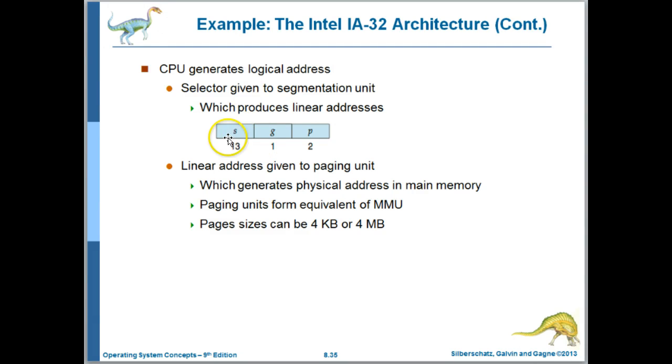And then the segment field, this is the segment number field. Remember, what pops out of the segment table is the base address of the segment. So then the segment offset is added to that, right? And Intel calls that a linear address, which is then passed on to the paging unit.